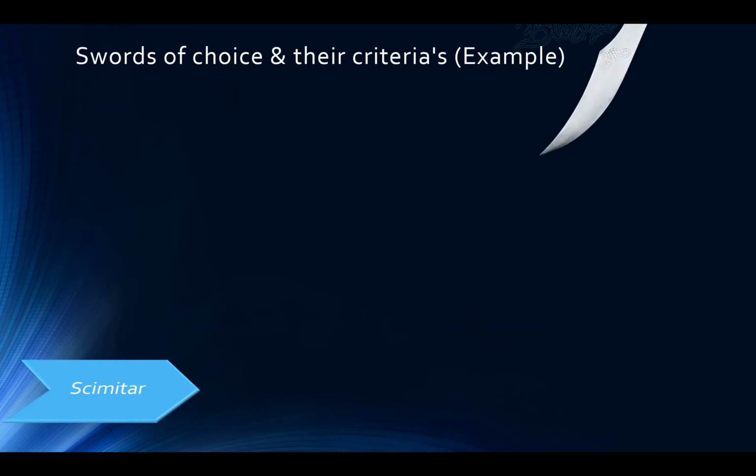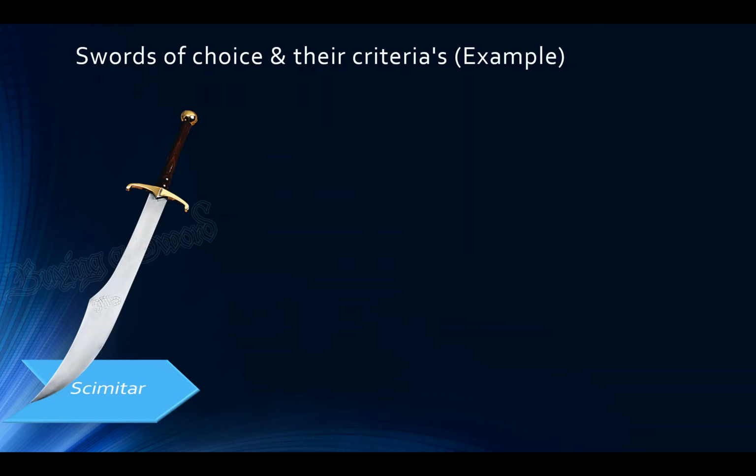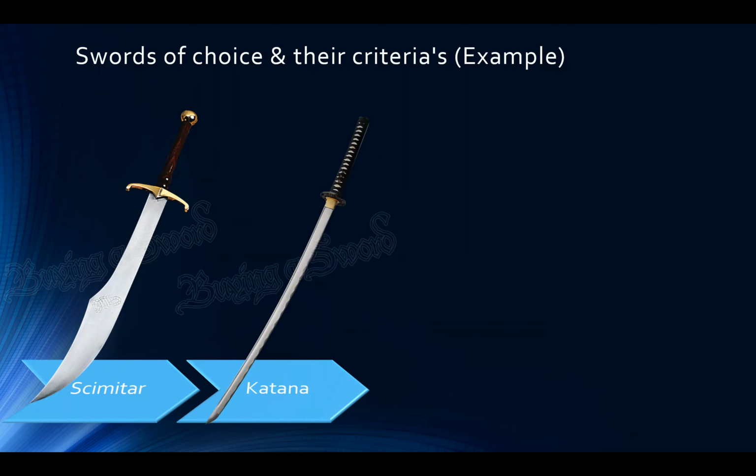Now, here's an example of the sources that I have chosen and their criteria. First of all, we have the scimitar. The scimitar is somewhat curved and it's broad, which is easily identifiable this way. And then we have the katana, which is very slim and slightly straight with a little small curve.